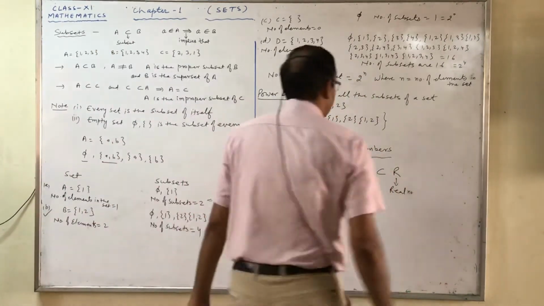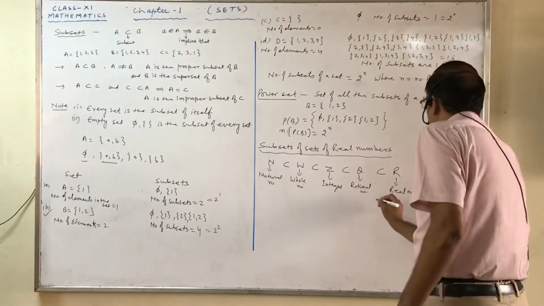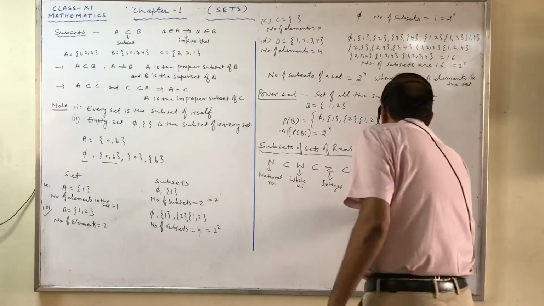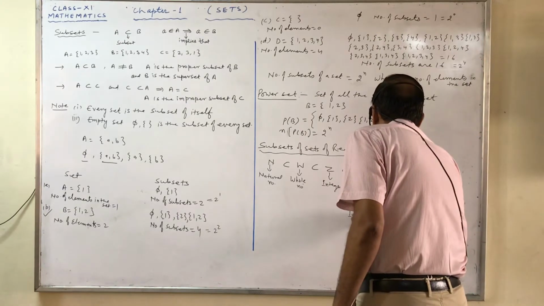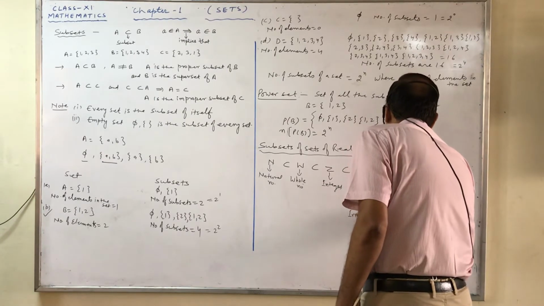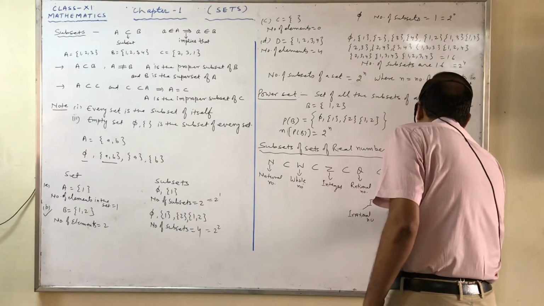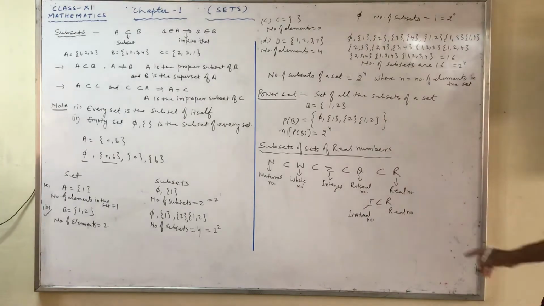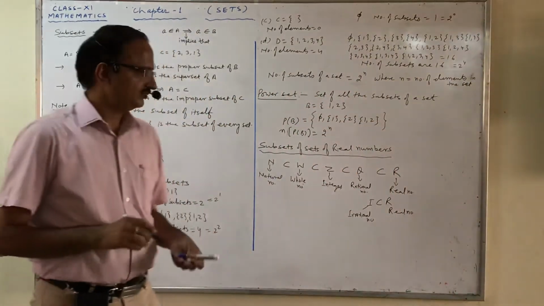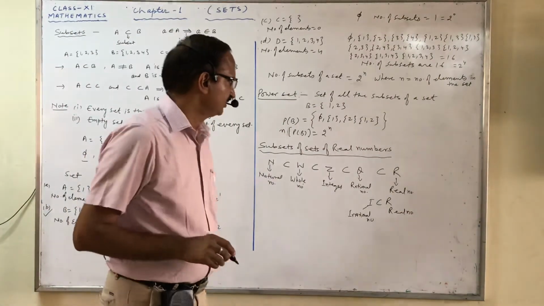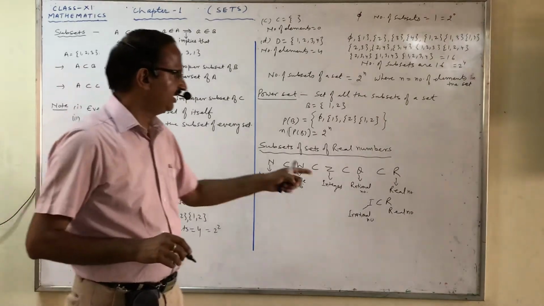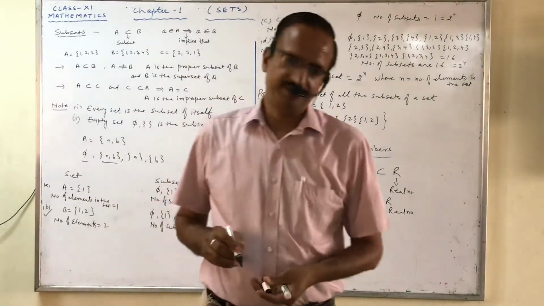If we consider irrational numbers also, then we can write I is the subset of R. It means irrational numbers are the subset of real numbers. In this way, we can write all the sets that exist in real numbers in the form of subsets.